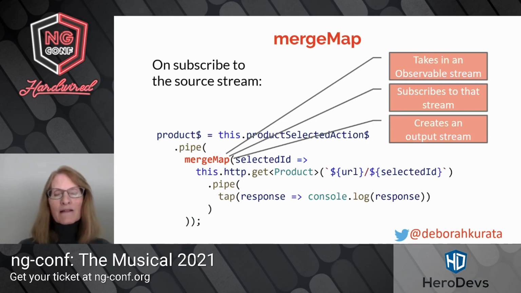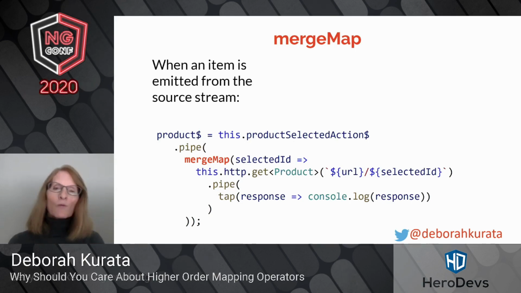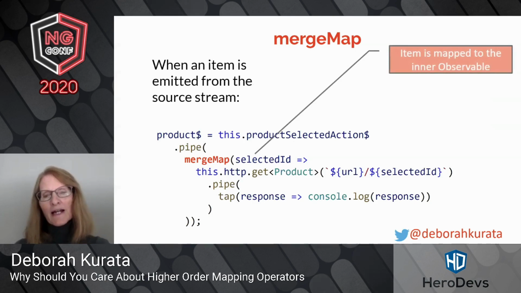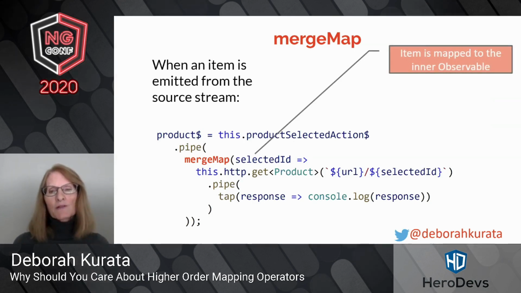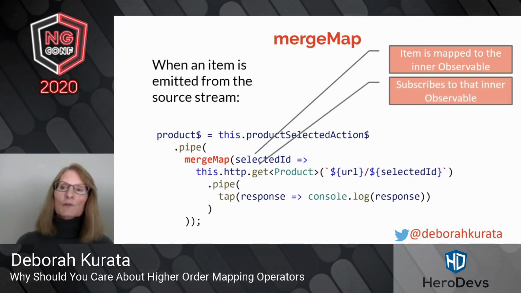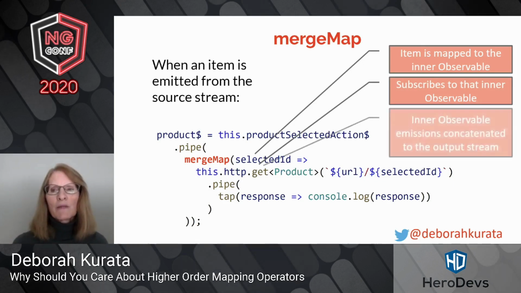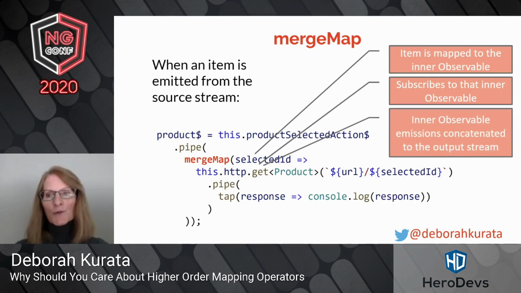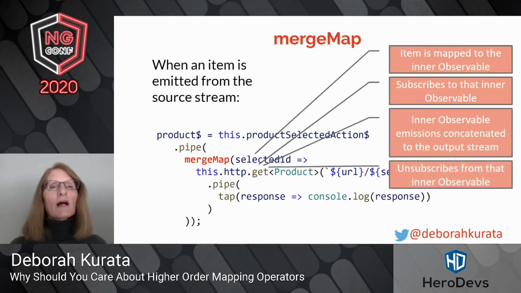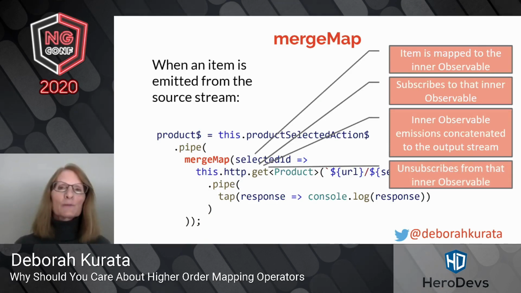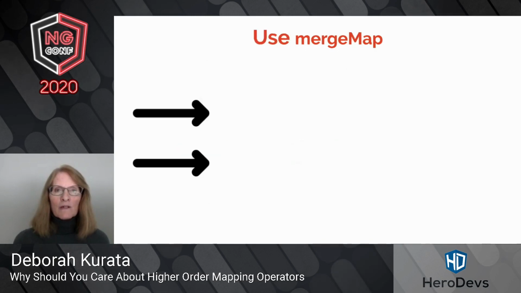Okay, then when an item is emitted, what it's going to do is it's going to take that item and map it to this inner observable, which specifies the URL for our HTTP GET. Then it's going to subscribe to that inner observable, so that sends it off and executes it. Then the inner observable emissions are concatenated to that output stream, and it unsubscribes from that observable, and we end up with our product$, Observable of Product.